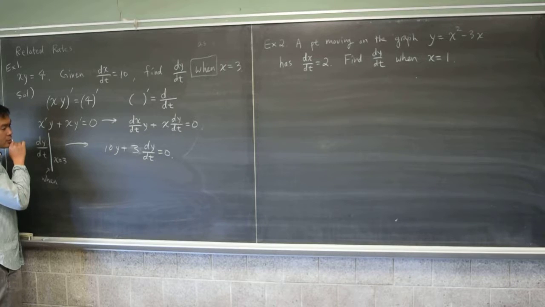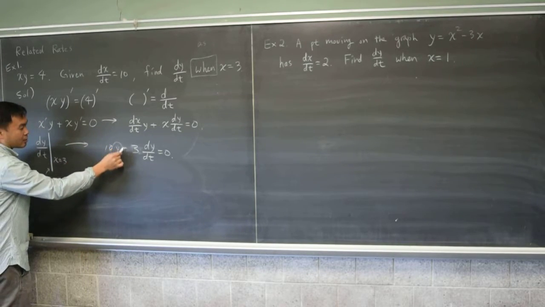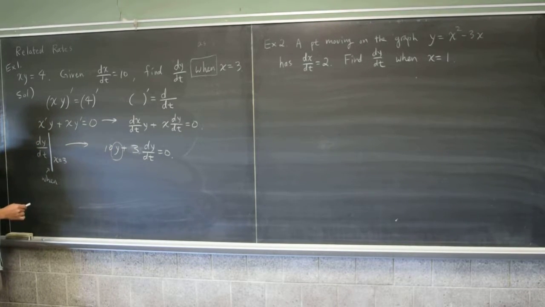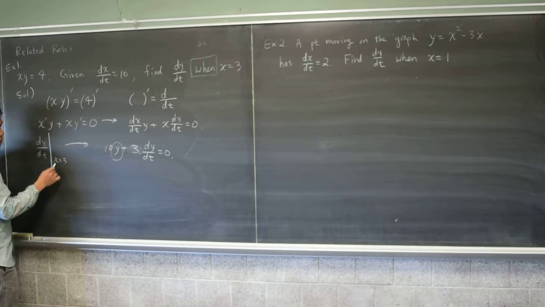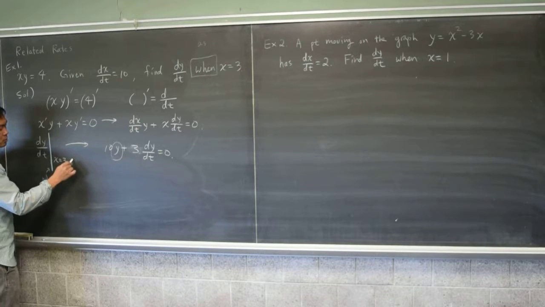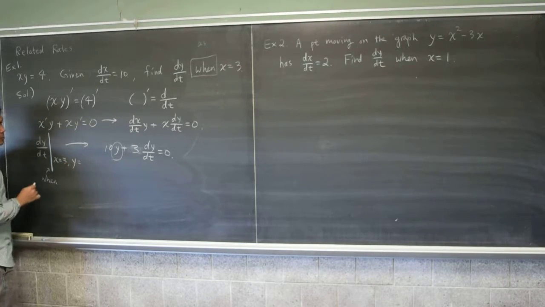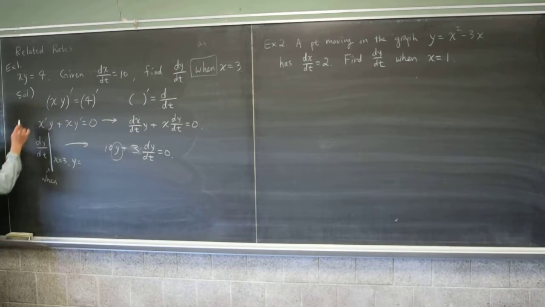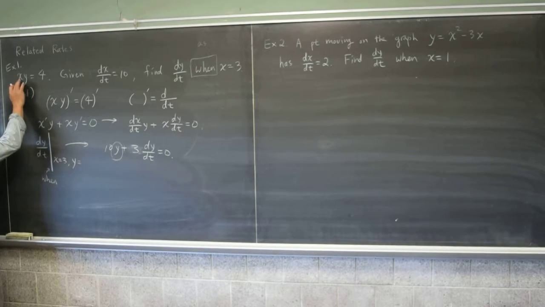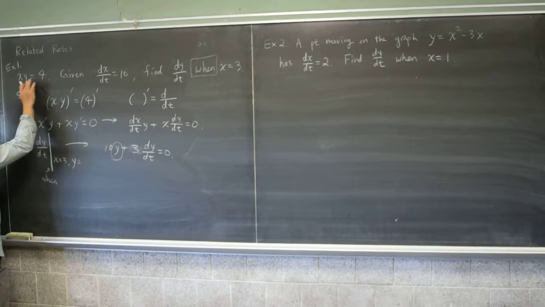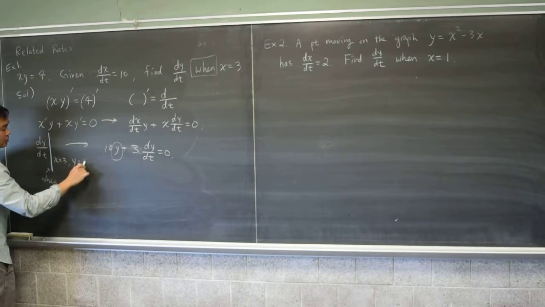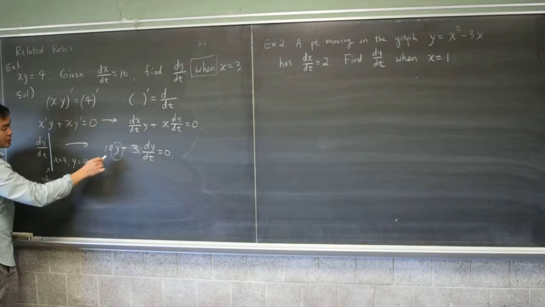Okay, but this is not good because you still have a y that you have to determine. So in that case, 4 over x. You say when x equals 3, what's y? You have to think about the y value. Then you plug it in here. Okay. When x is 3, 3y equals 4. So y is 4/3. Right? So you plug that in here.